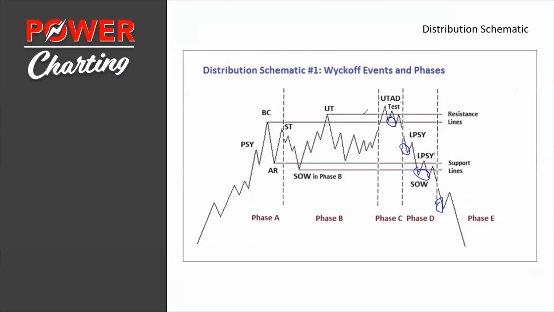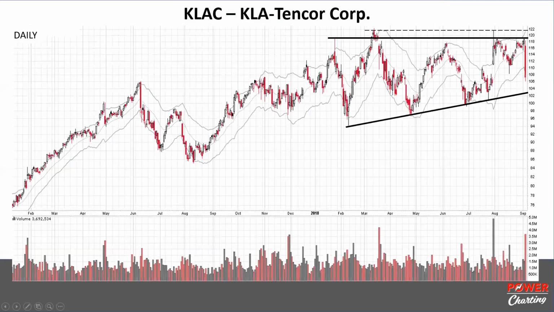We're going to look at one stock that is close to the upthrust, another that is close to the sign of weakness and last point of supply, and the last one is on the way down in the downtrend channel. Bruce?